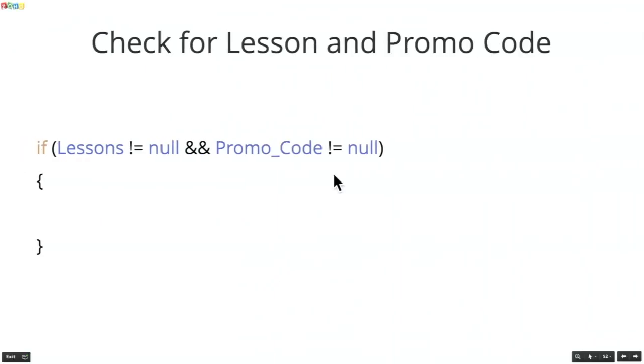Okay, so the first thing I'm going to do is write a conditional, and all of our script will go inside these 2 brackets. We want to make sure we only try this once somebody has entered in a lesson and they've entered in a promo code. Otherwise, there's no point in executing the script, right?